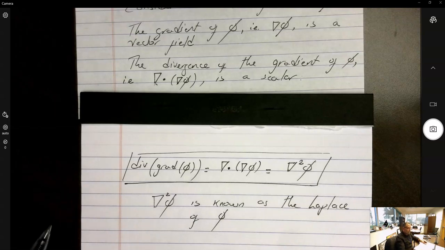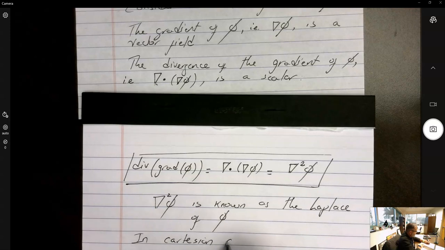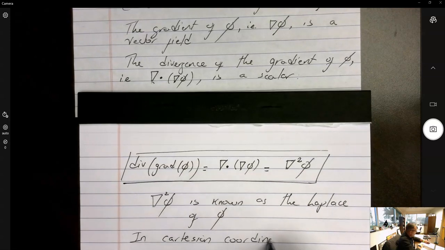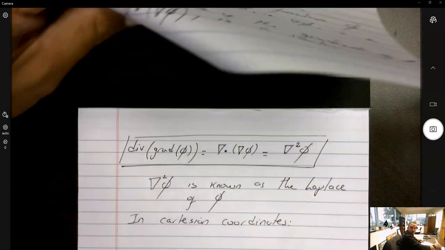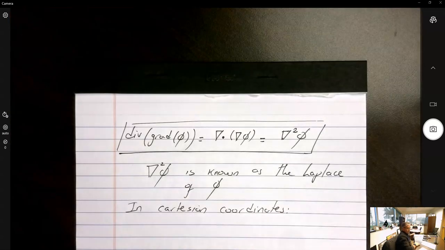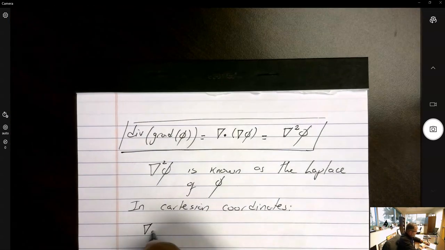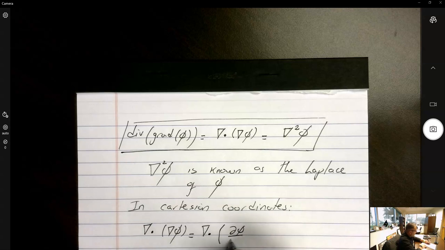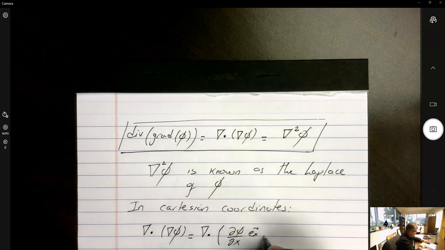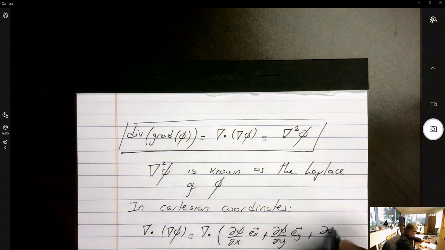Okay, so if we expand these in Cartesian coordinates, the gradient of phi would be the derivative of phi with respect to x in the x direction, plus the derivative of phi with respect to y in the y direction, plus the derivative of phi with respect to z in the z direction.